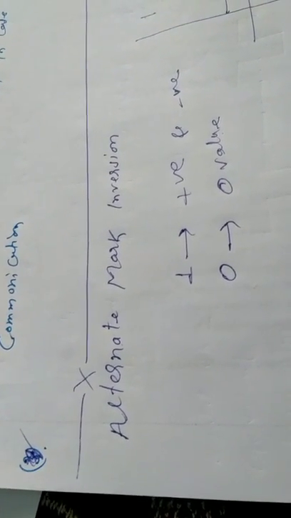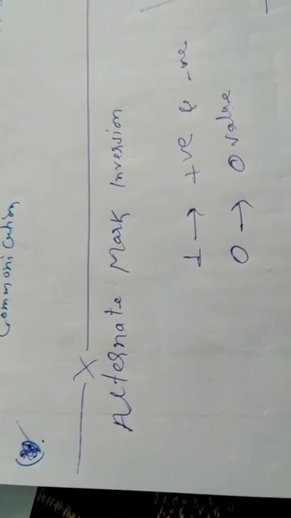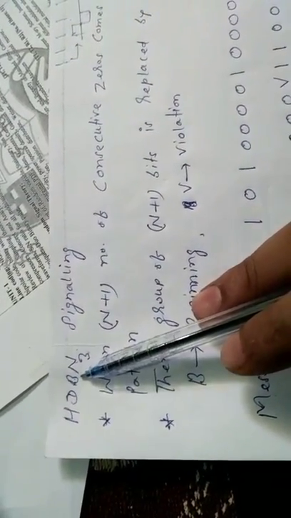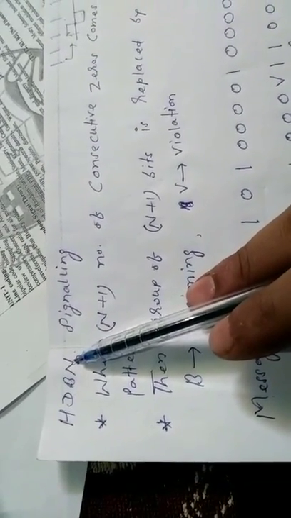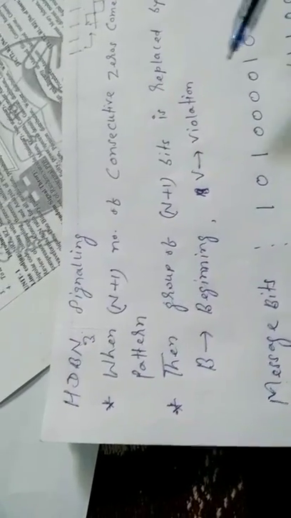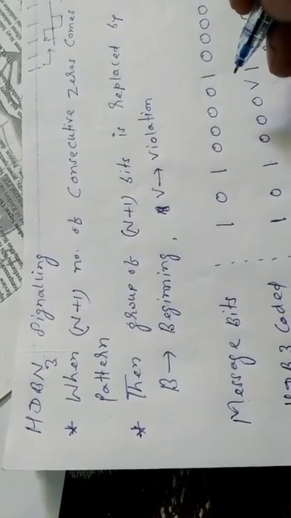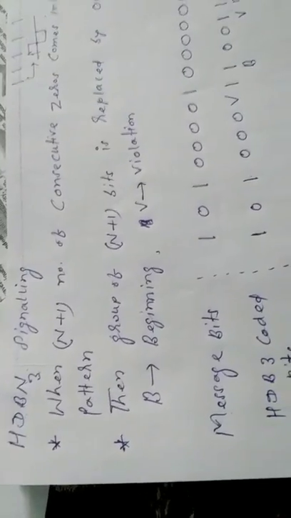So to cope with that problem, we have another scheme which is called the HDBN scheme. Here HDB stands for high density bipolar, and this letter N indicates how many zeros will be there for which we are designing this scheme.